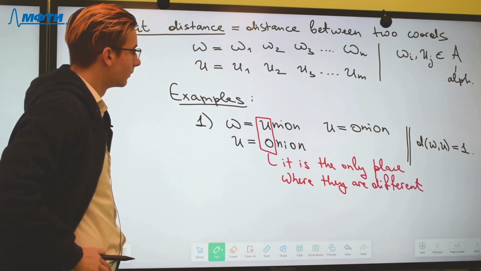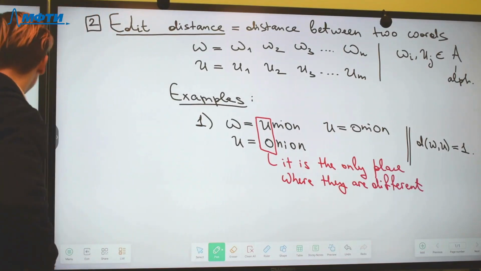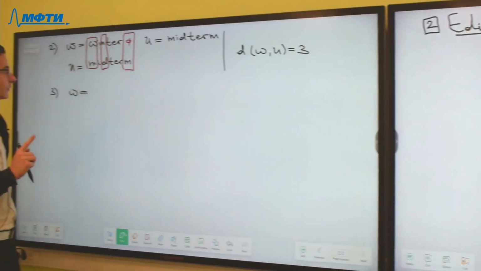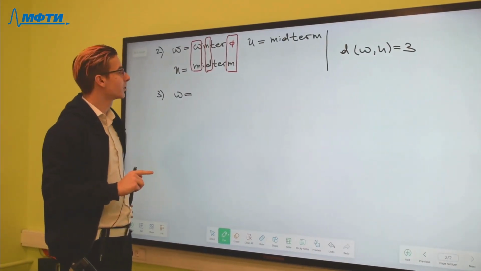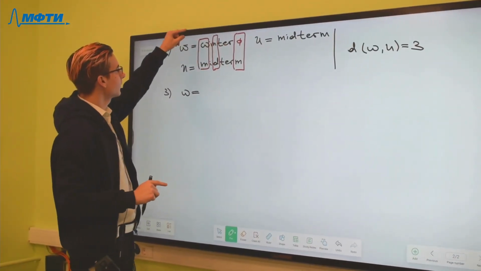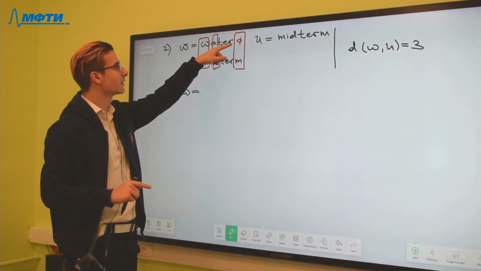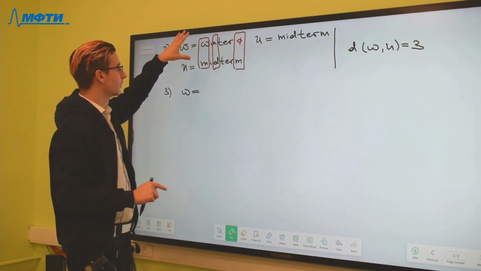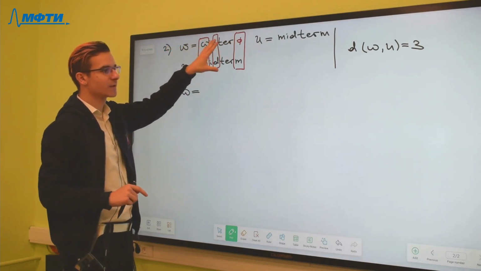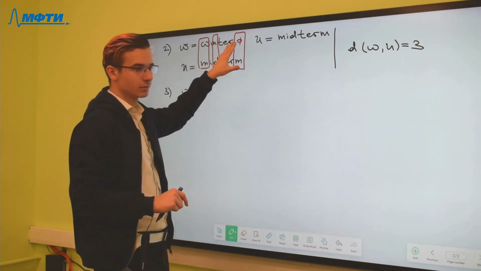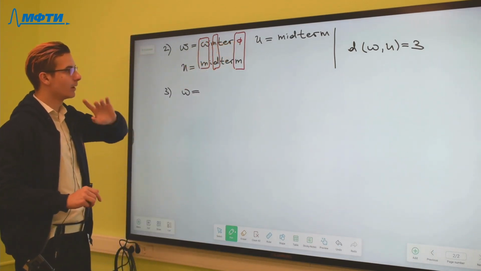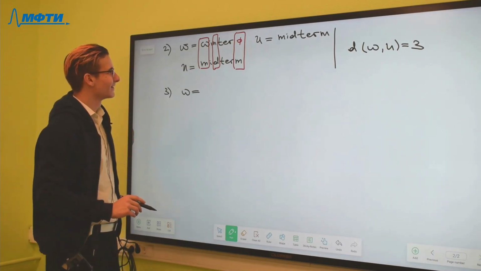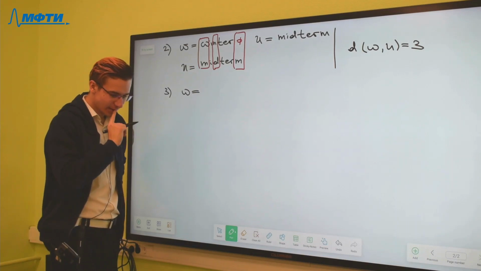I will write another example in which we can add an empty character in all places in the words to reduce the number of places in which they are different. I explain it now.